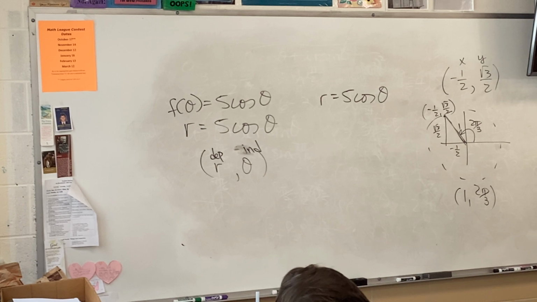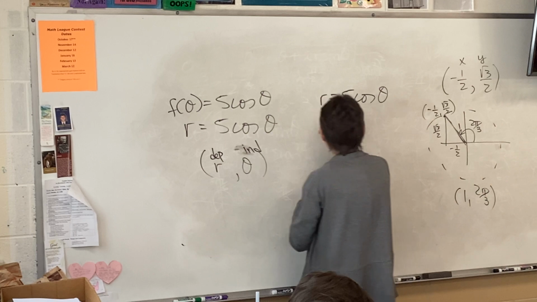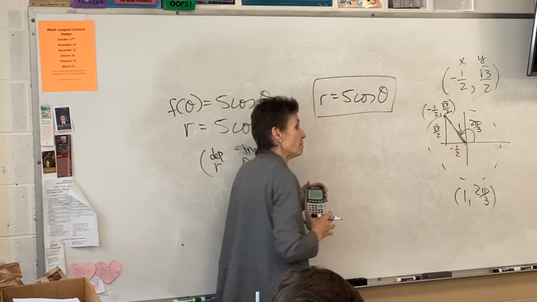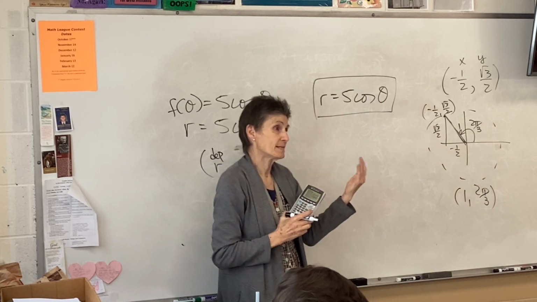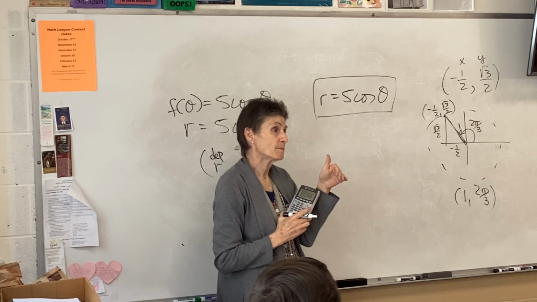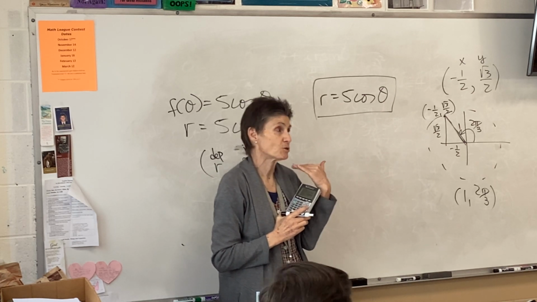So for theta min, I want you to put in 0. And for theta max, I want you to put in 2 pi. Now, looking at the equation, can anybody tell me why that makes sense? For theta min to be 0 and theta max to be 2 pi.